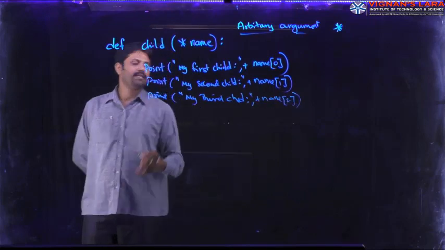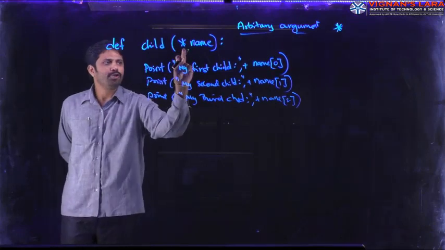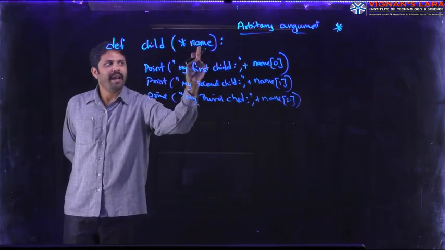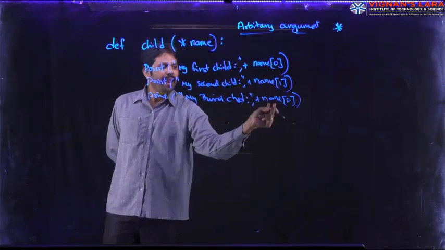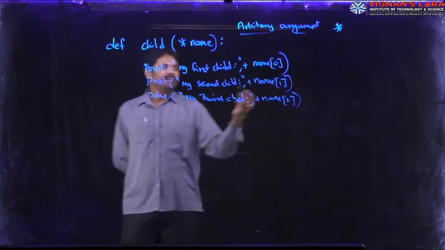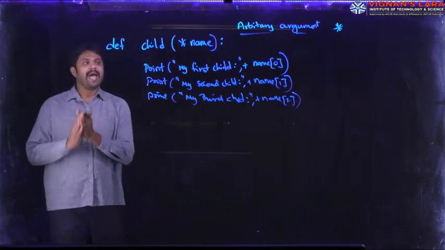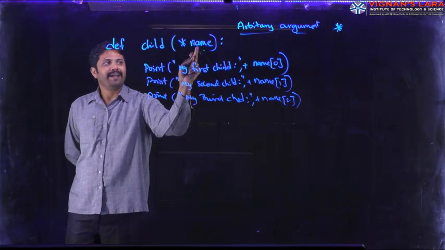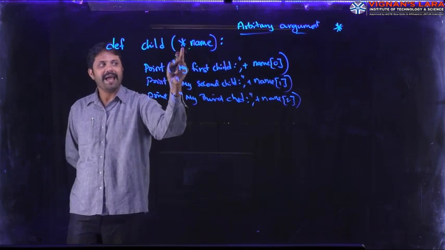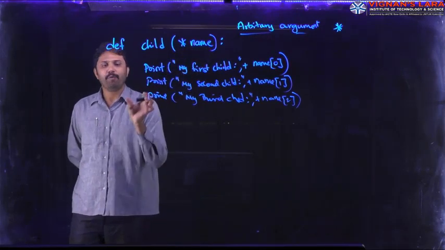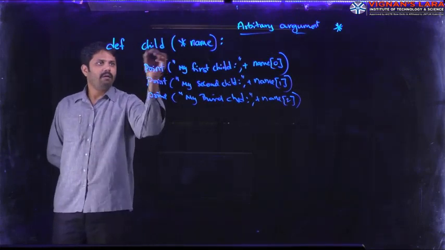Like this I simply represent it. Here I place star name, and I take name of 0, name of 1, name of 2. That means this square bracket symbol belongs to a list. That means if you write an argument and use a star symbol before the argument name, it says this is an input of a list.